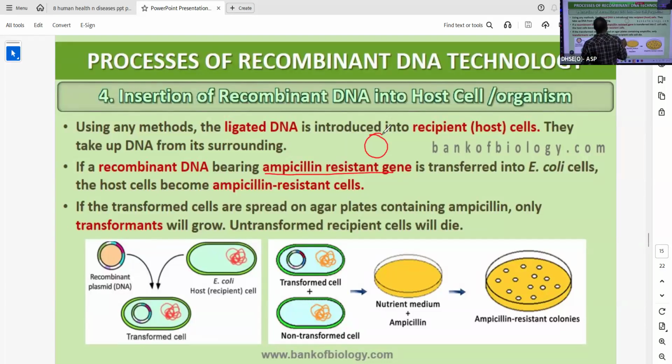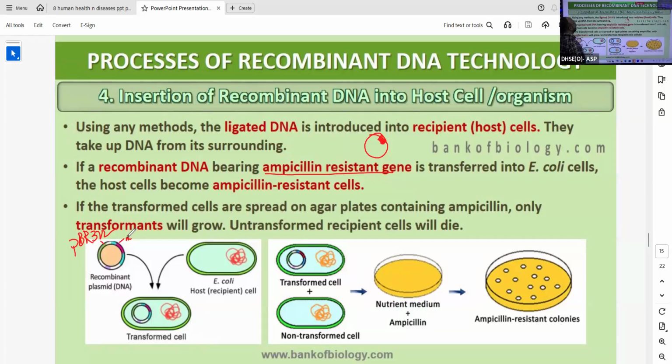Now, in that particular state, if you remember the vector, that is the bacterial plasmid, pBR322, it has a tetracycline resistant site and an ampicillin resistant site. Okay, so the insert is activated. Fine.